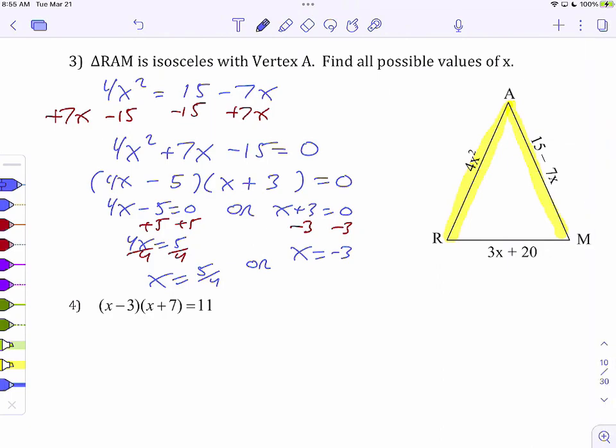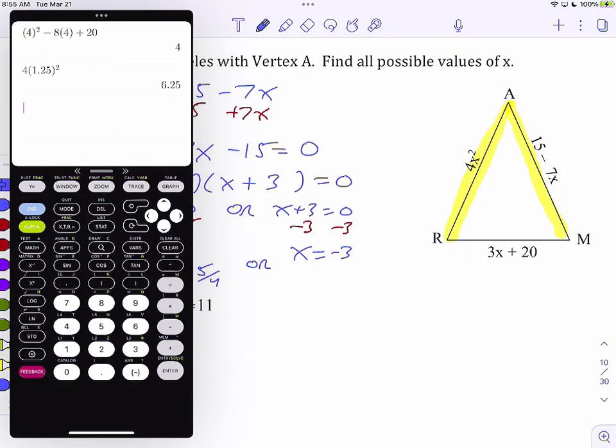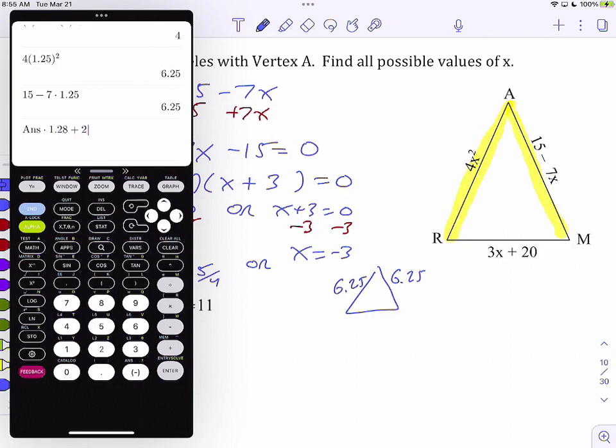So I'm actually going to plug this in and try this triangle out with 5/4. 5/4 is 1.25. So I get a triangle that's 6.25, 15 minus 7 times 1.25, 6.25. I'm going to do that bottom one, 3 times 1.25 plus 20.